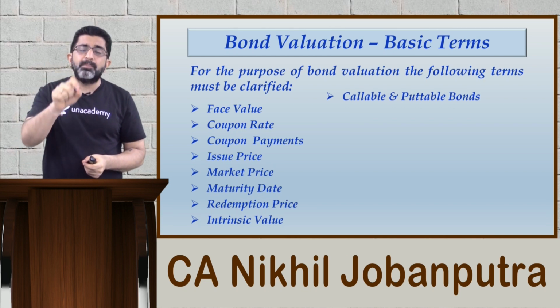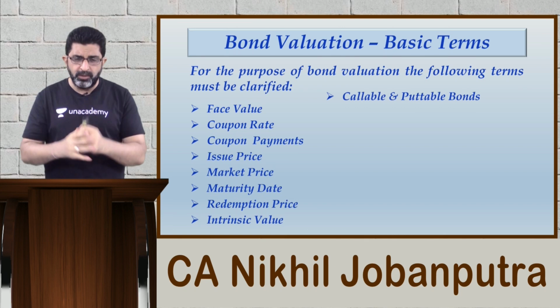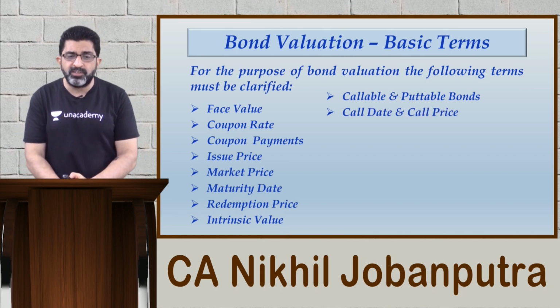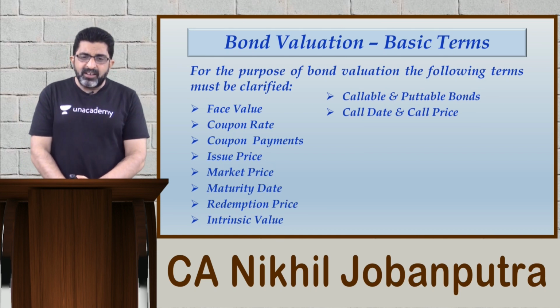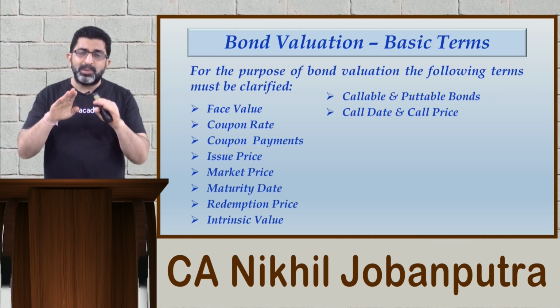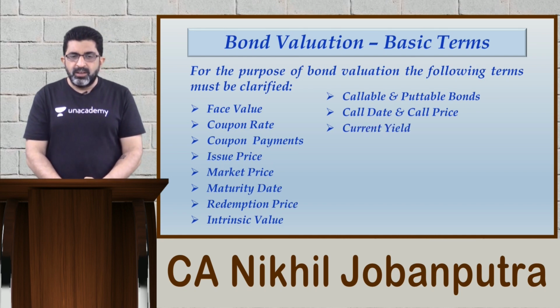In that case, the bond becomes a puttable bond. So that was a discussion about callable bonds and puttable bonds. Call date and call price, these two terms I have already explained while explaining callable bonds.